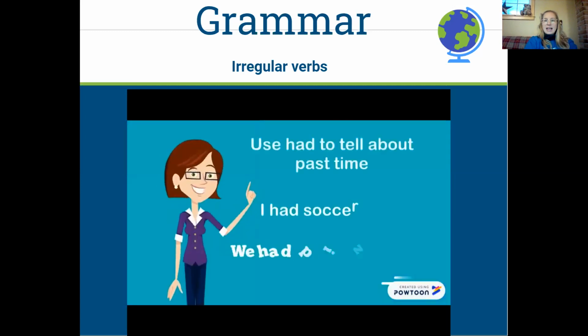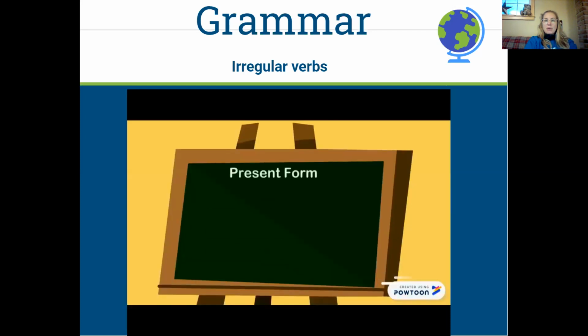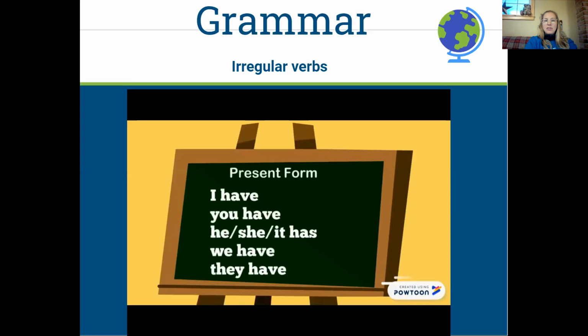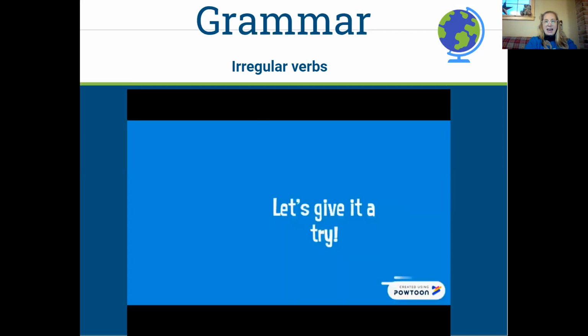Use had to tell about past time. Present form. I have, you have, he, she, it has, we have, they have. Past form. I had, you had, he, she, it had, we had, they had.